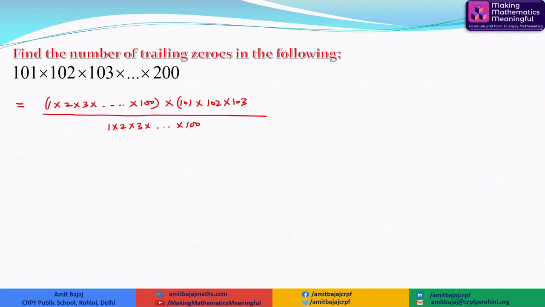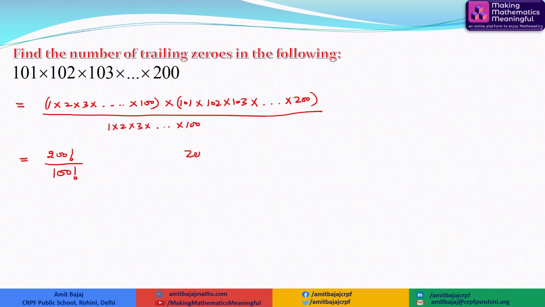The reason behind this, now you note that the numerator will actually become the product of the first 200 natural numbers, which is 200 factorial, and the denominator would be 100 factorial.